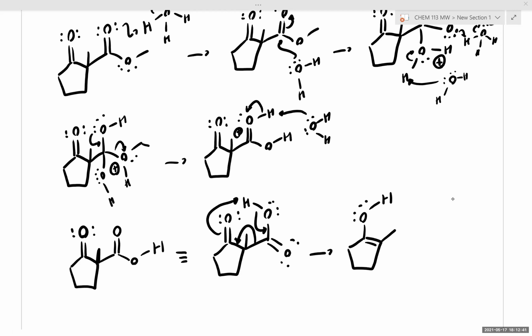Would anyone be able to share the arrow pushing mechanism for that tautomerization step?